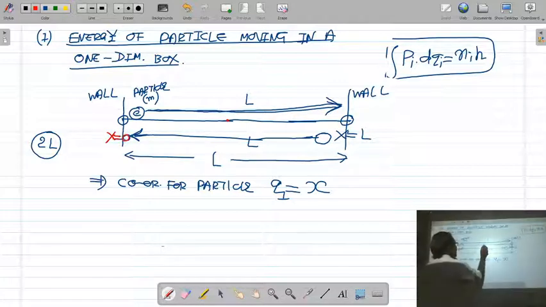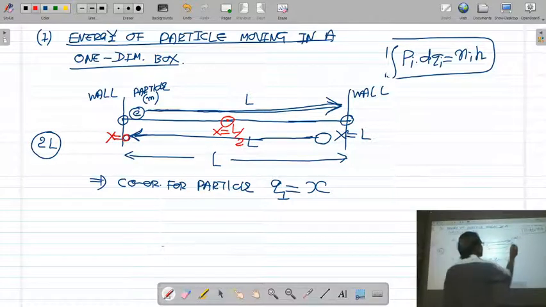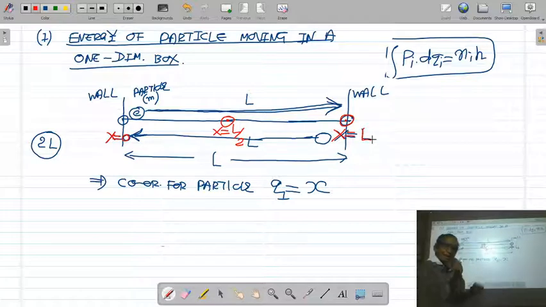If the particle is at the midpoint of the box, the x coordinate will be L by 2. During the motion of the particle, the x coordinate is going to change. So the generalized position coordinate of the particle will be x only, because the particle is moving only along the x axis.